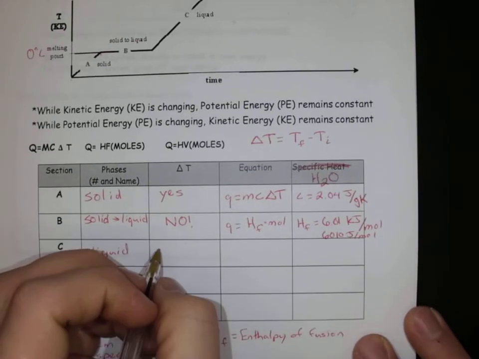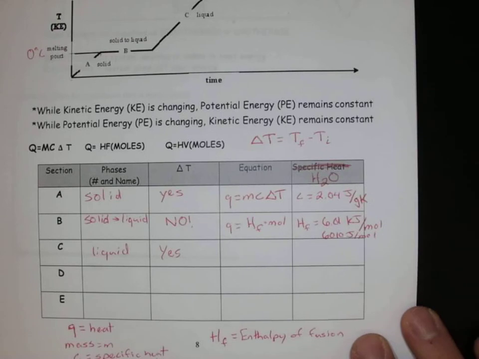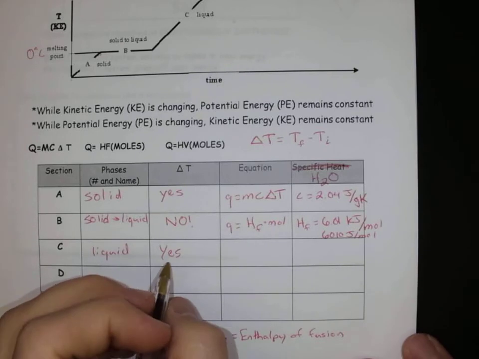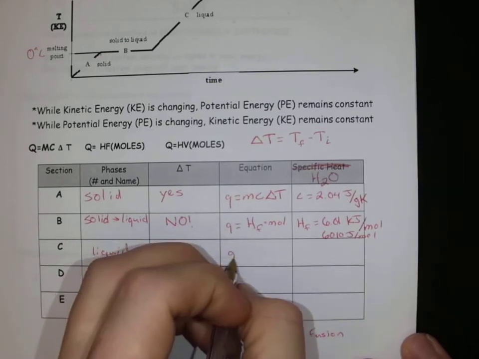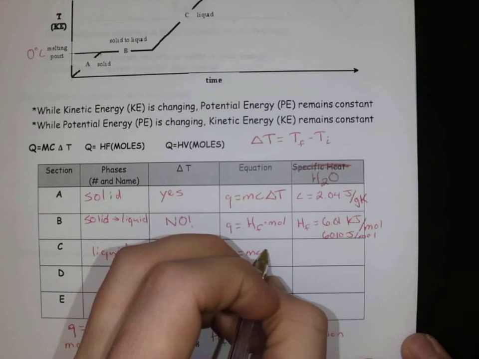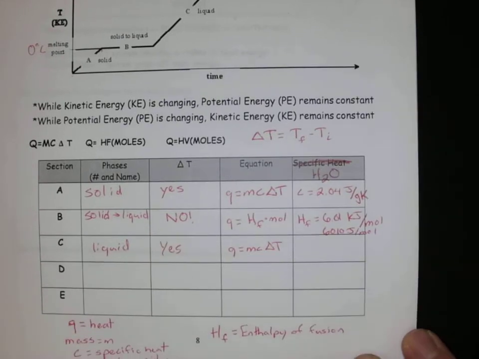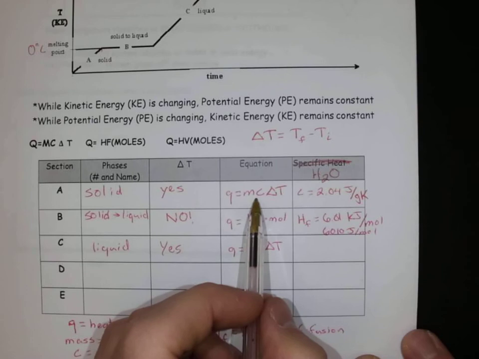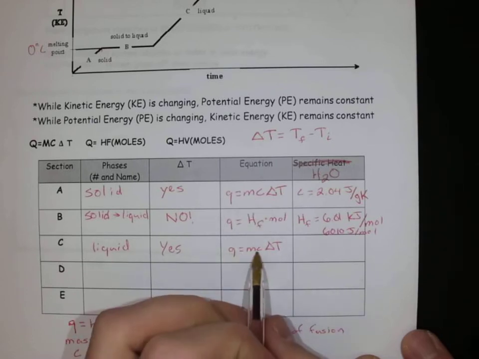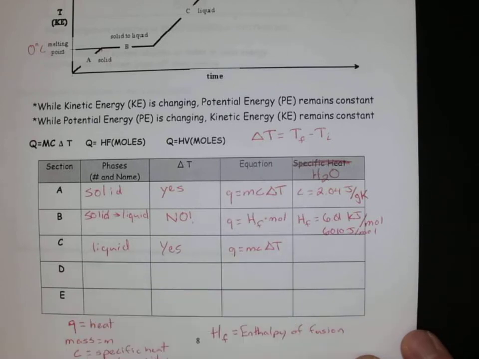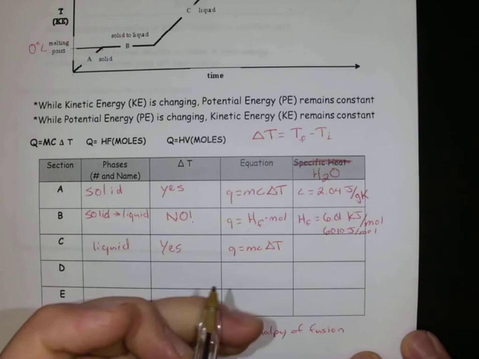Do we have a change in temperature? Yes, absolutely. So if we are changing temperature, we are changing the average kinetic energy of our molecules, okay? So if we are changing the temperature, we can use Q equals mc delta T here. Same equation, but what has changed from before is that our specific heat value is specific to our liquid water now.